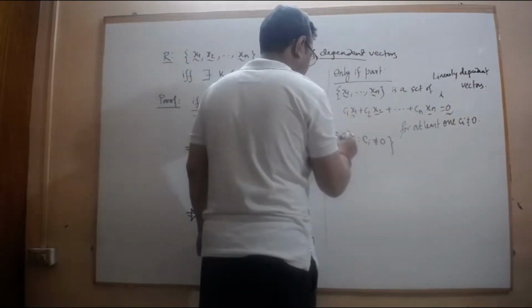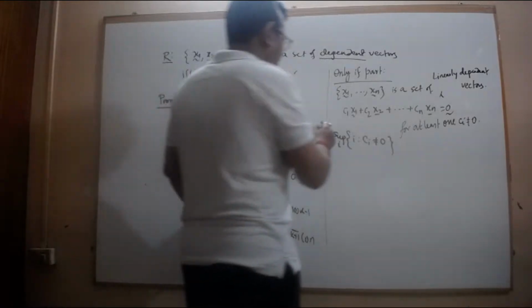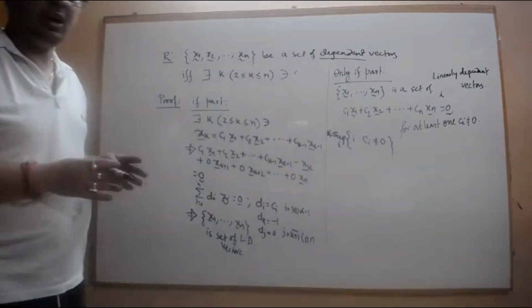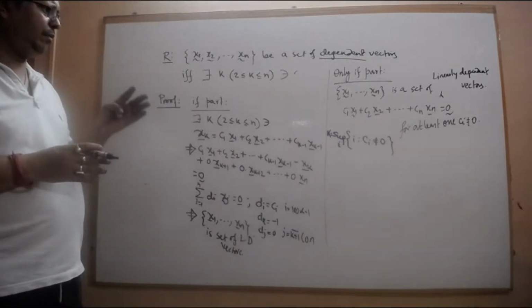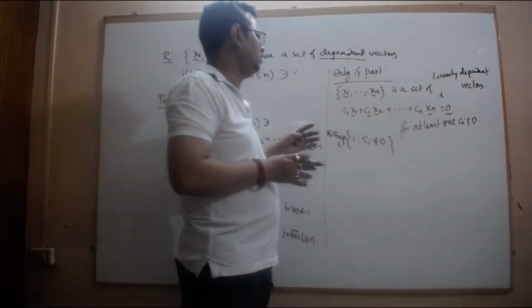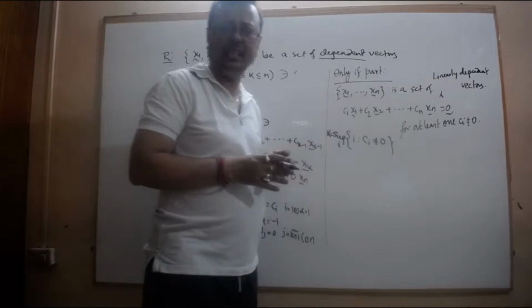Sup over i, and this supremum is k. So k equals the supremum of the set, which is a collection of indices such that the corresponding ci is non-zero.